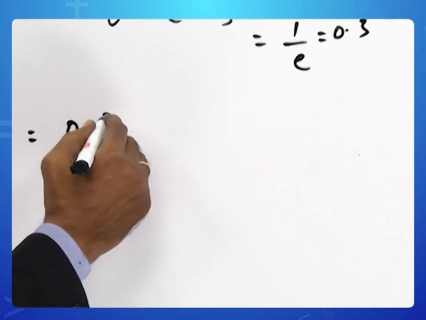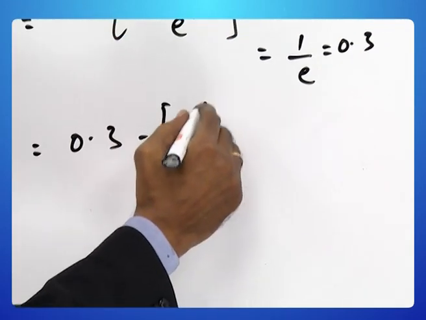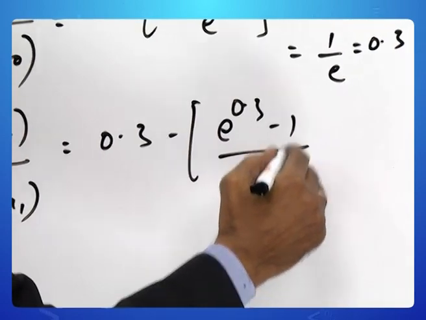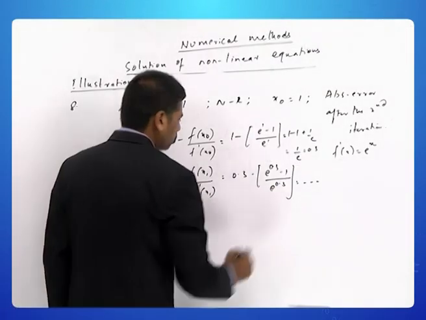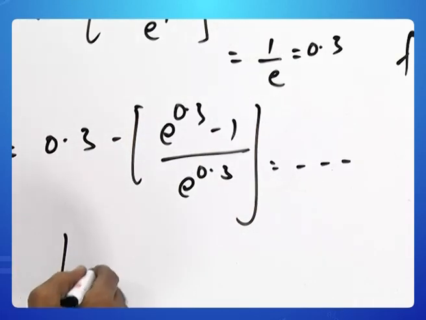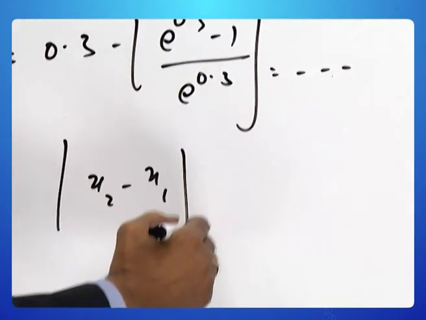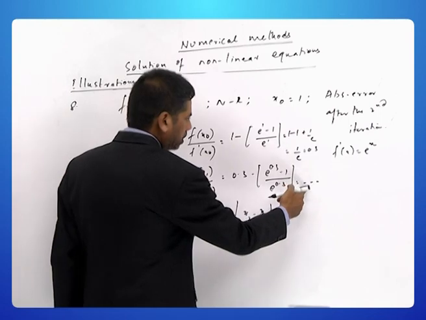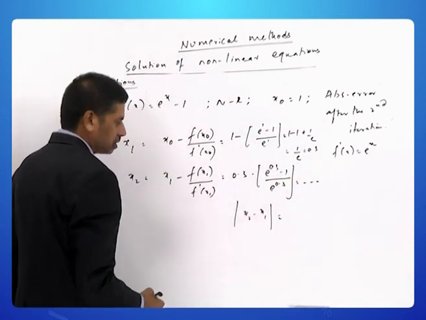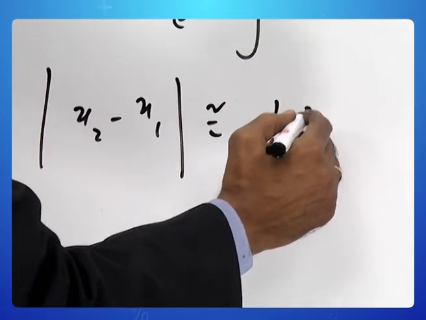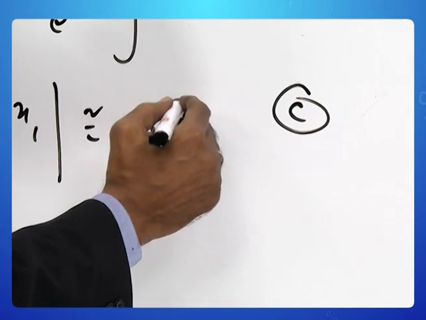This will be 0.3 minus (e^0.3 minus 1) by e^0.3. So we'll get a certain output which you have to calculate. Now what he is asking is the absolute error at the end of the second iteration. So it's just asking mod x2 minus x1. So whatever is the value you get here minus that should give you the answer. And it approximately settled down to 1.2, which is option C for this problem.